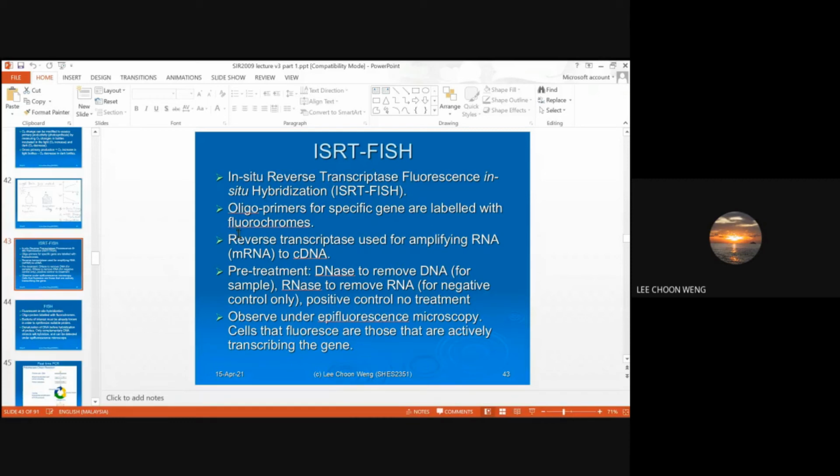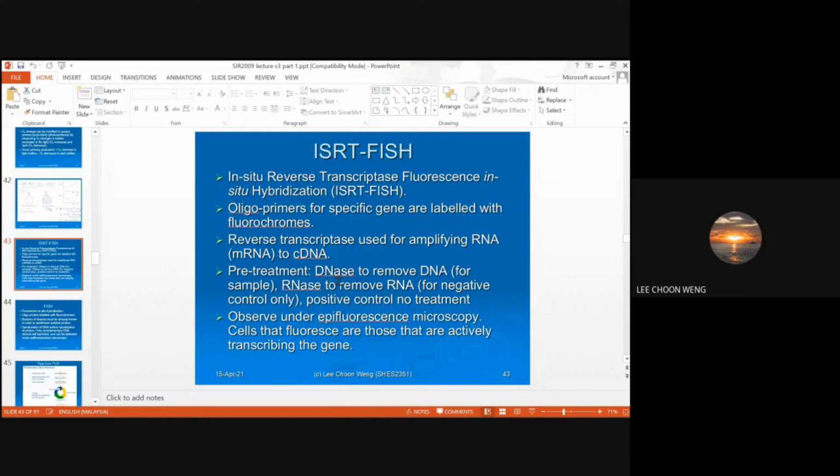So whenever you are looking for activity, if you're going for incubation independent molecular techniques, once you determine that you want to know the activity of the bacteria in your sample, you have to be targeting the RNA molecules. Okay, you cannot do DNA molecules because DNA means the presence of the gene. It doesn't mean whether the gene is being actively transcribed. Okay, so that is an important point to understand.